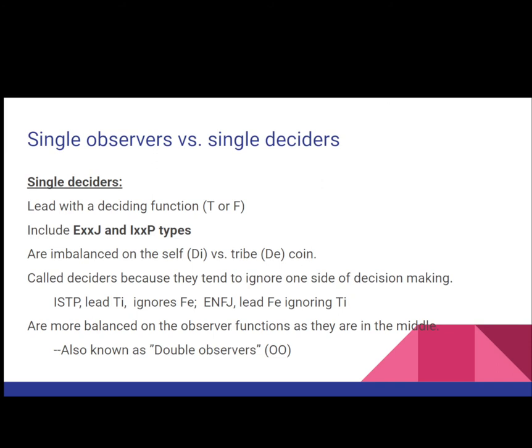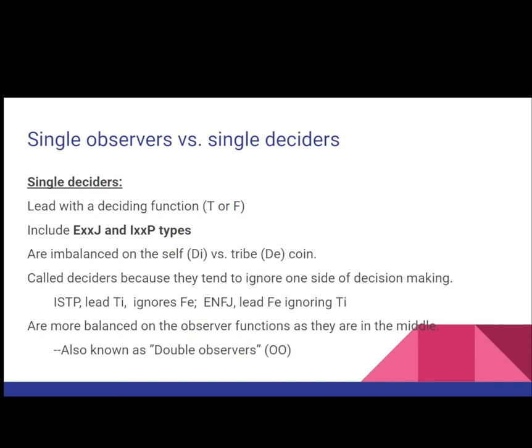So these people are going to be imbalanced on the self versus tribe coin, because if they're leading with a self function, TI or FI, that means their tribe function, FE or TE, is going to be last. And they can tend to ignore one side of the decision-making process.